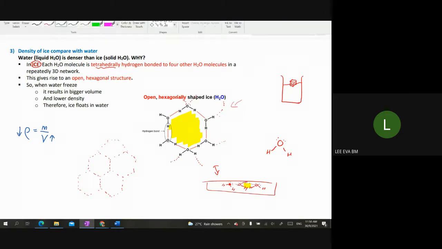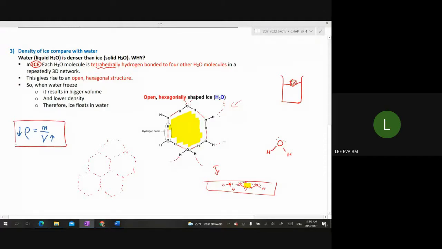Okay, so boleh gunalah konsep untuk punya density formula. Bigger volume, lower density. But in terms of liquid, if you want to explain, liquid has a smaller volume, therefore higher density. Therefore, liquid water will sink below the ice. Is that okay?